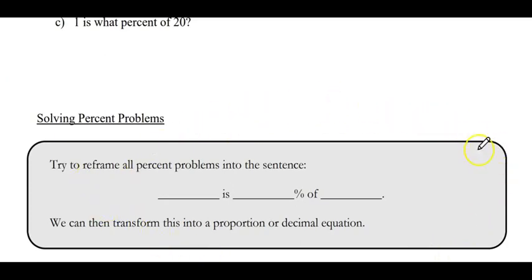So what you're looking at when you're reading your problem, you're trying to get it down to the sentence, and once you have the sentence, you can have the equation. Okay. All right.